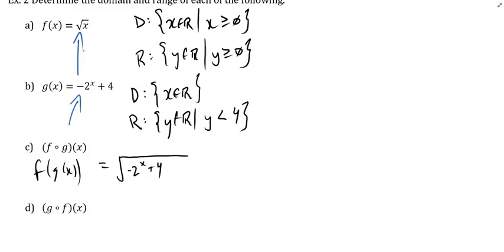If I put in a negative x and get a positive number here, which we already said, you get a lot of positive numbers, right? Then that would be fine.